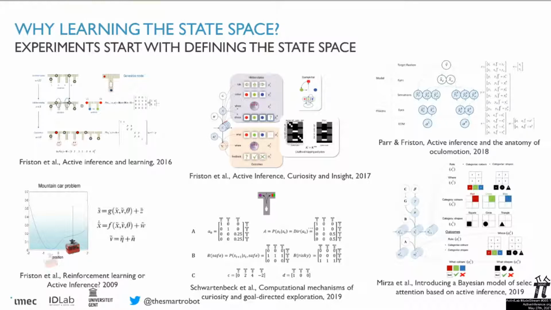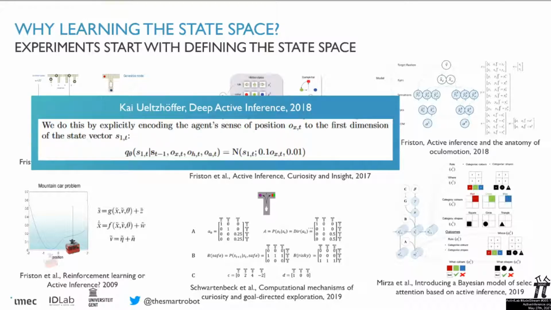And recently, while we were doing this research, we saw some other people also thinking about, can we do more learning using these kind of novel deep learning techniques in these active inference methods? So you had, for example, Kai Ueltzhöffer, who proposed to basically learn kind of a state space for the mountain car, but then still he needed to explicitly encode some of the environment information in the state vector.